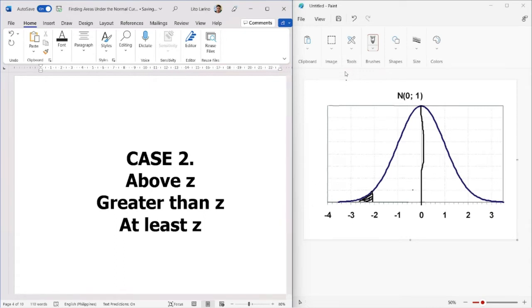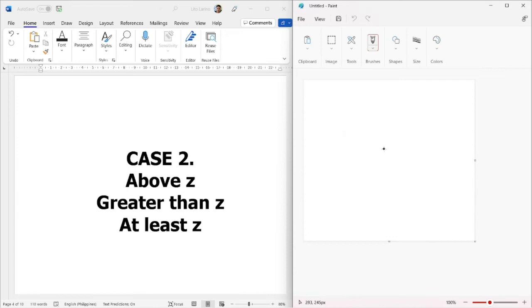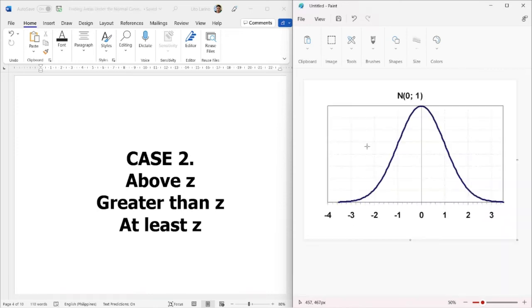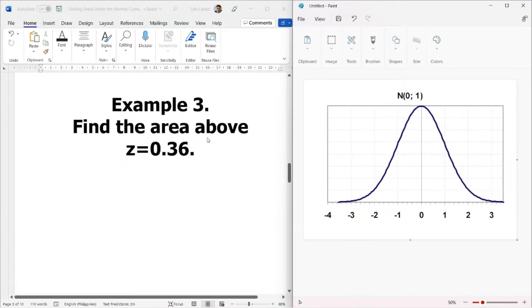The second case is when we have to find the area above a given or greater than a given z-score. Let us have our example number 3. Find the area above the z-score 0.36.